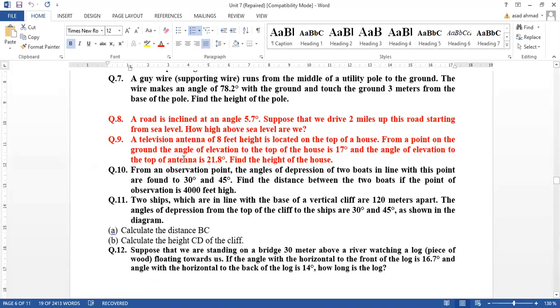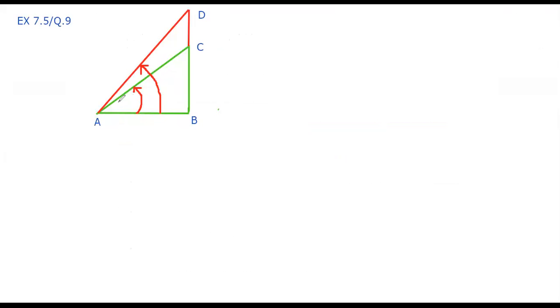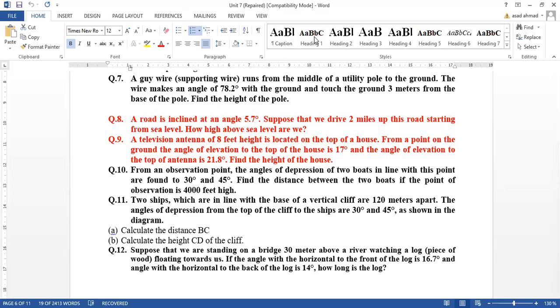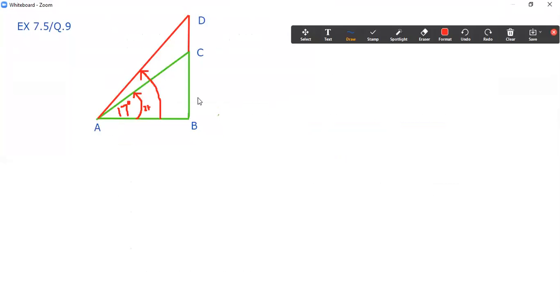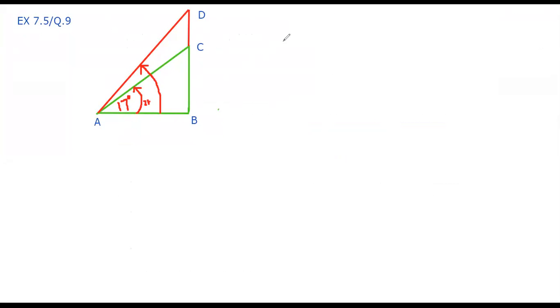From a point on the ground, the angle of elevation to the top of the house is 17 and to the antenna is 21.8. Now let me tell you what is 17 and where it will be. So this will be 17, and this angle must be 21.8.